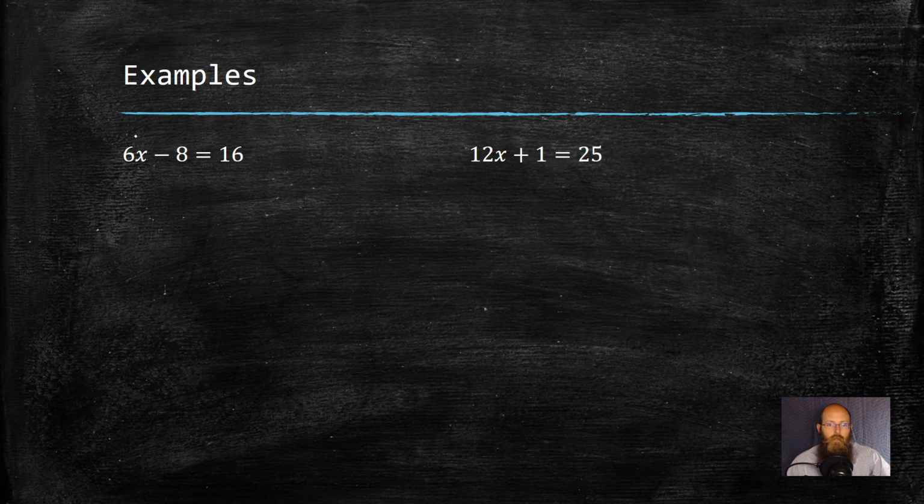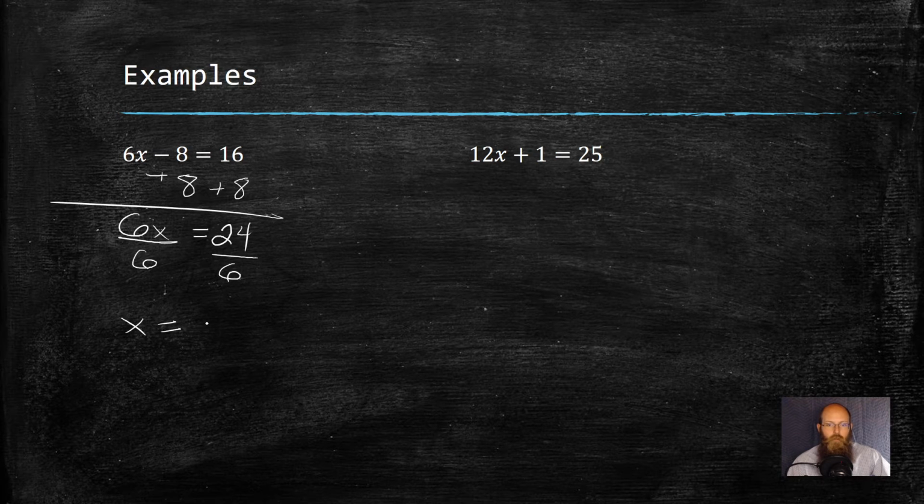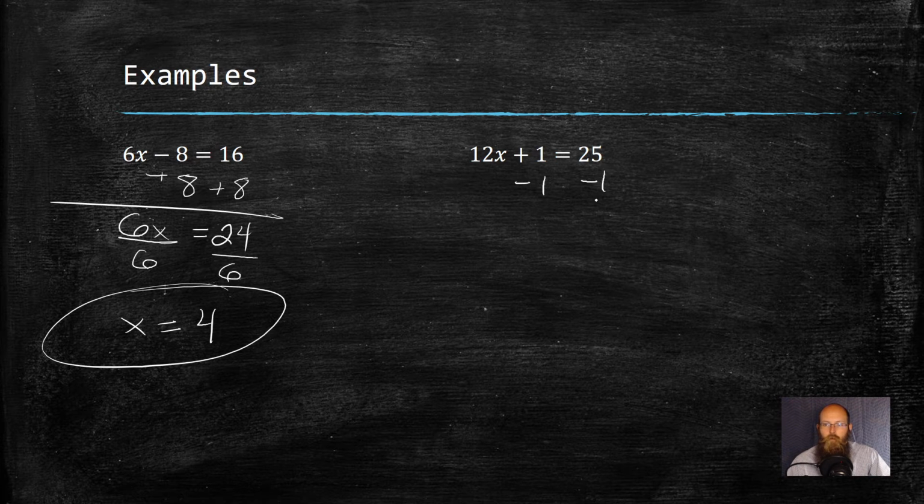I need to get this 6x by itself, so I'm going to add 8. So 6x equals 24. Then I need to get x by itself, so I have to divide by the 6. So x equals 4. Off to the right, not too bad, right? I just have to subtract my 1 first, and that's to isolate my x term.